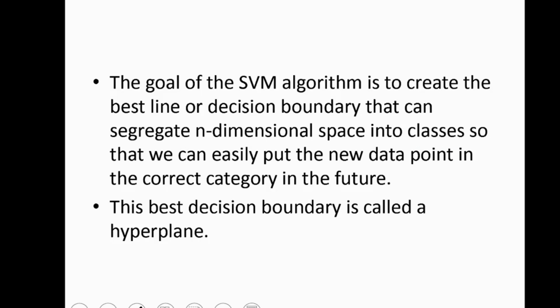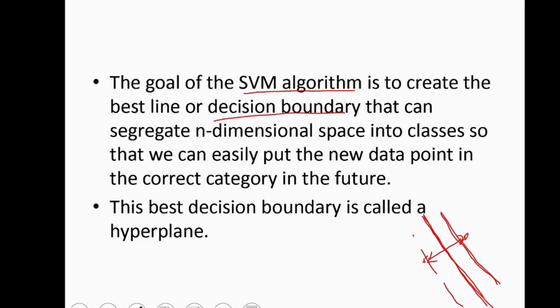So the goal of the support vector algorithm is to create the best decision boundary. We saw that if these 2 are the support vectors, then the boundary has to come exactly in the middle. That is, take the points crossing through the support vectors, take the distance, divide it by 2 and draw a plane between them.